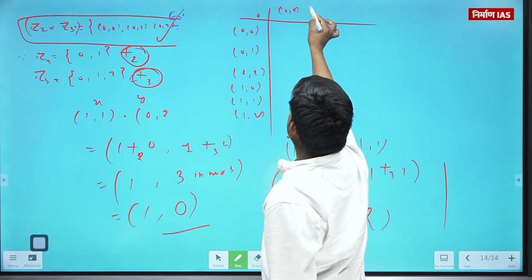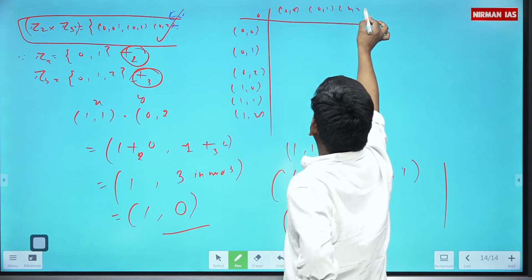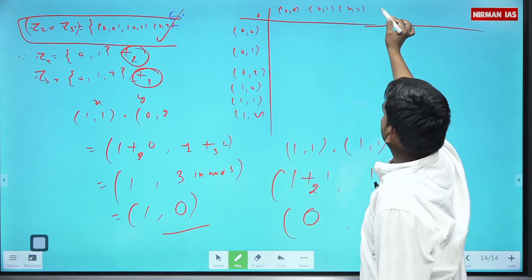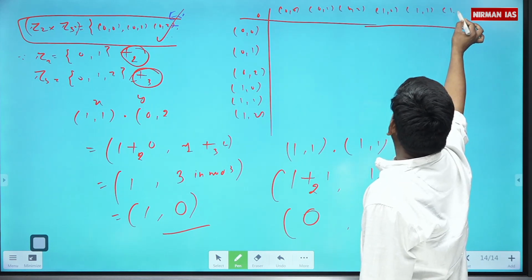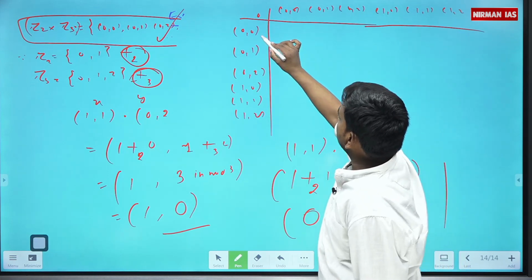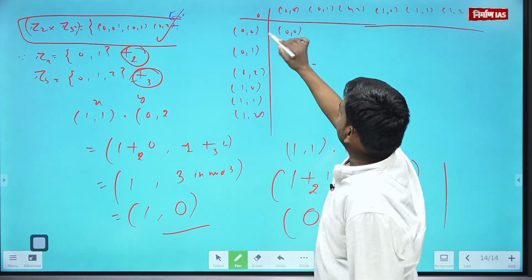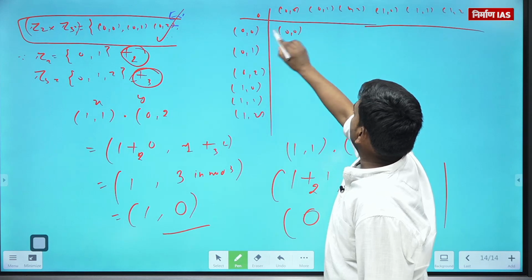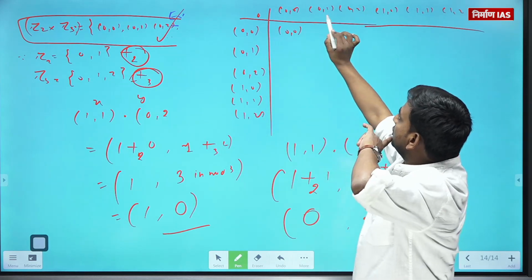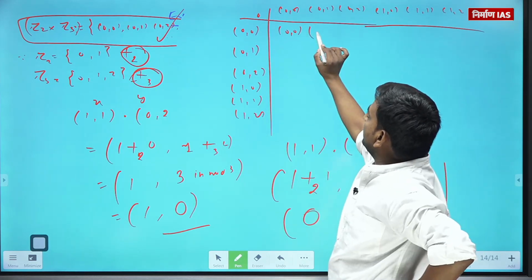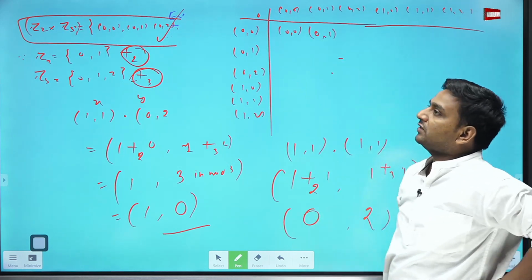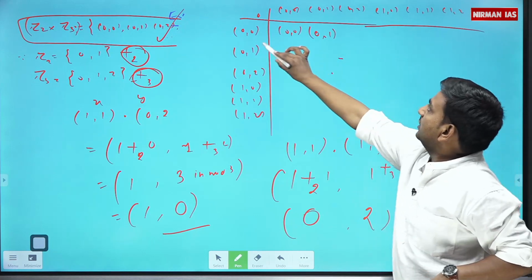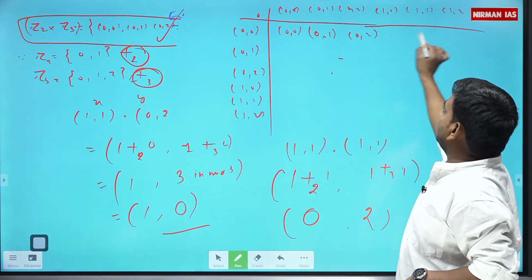Similarly here 0,0; 0,1; 0,2; 1,0; 1,1 and 1,2. So let's say this is again (0,0) composition (0,1). The first entry is 0 + 0 in mod 2, the next entry is 0 + 1 in mod 3. So 1 in mod 3, again (0,1), the same row will come.